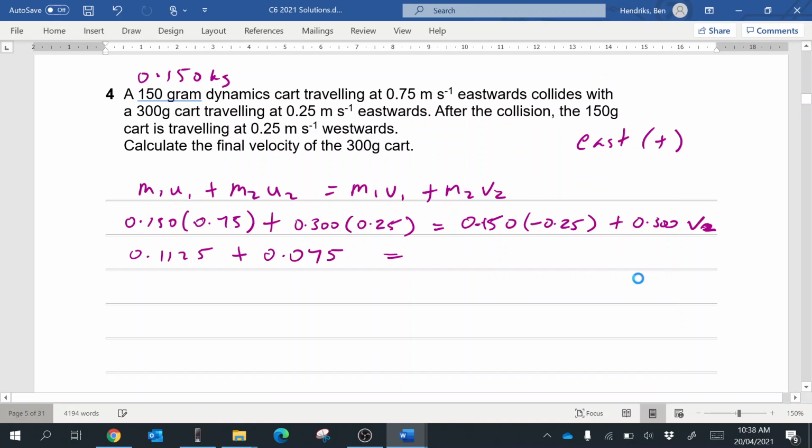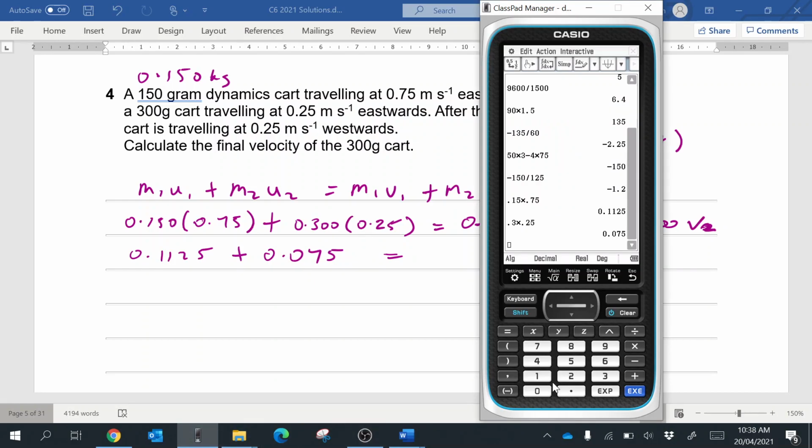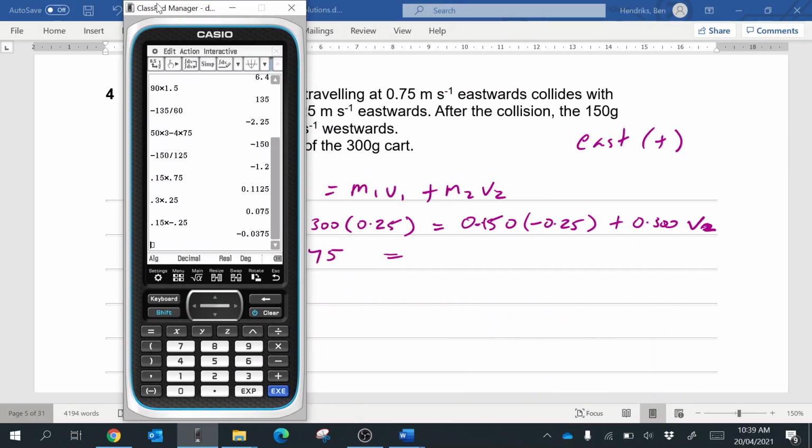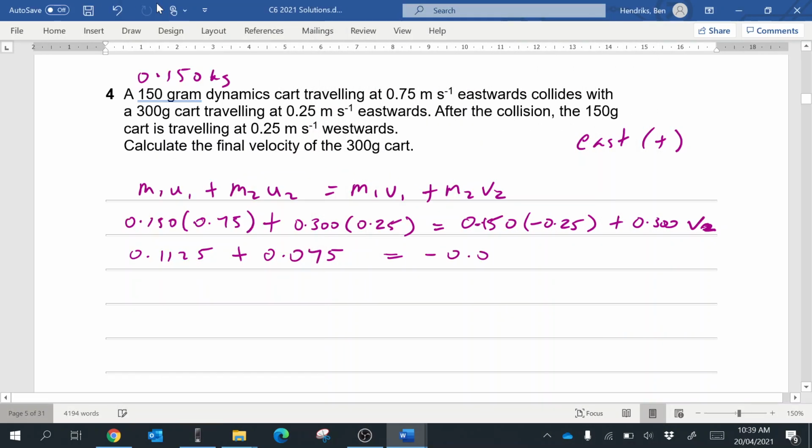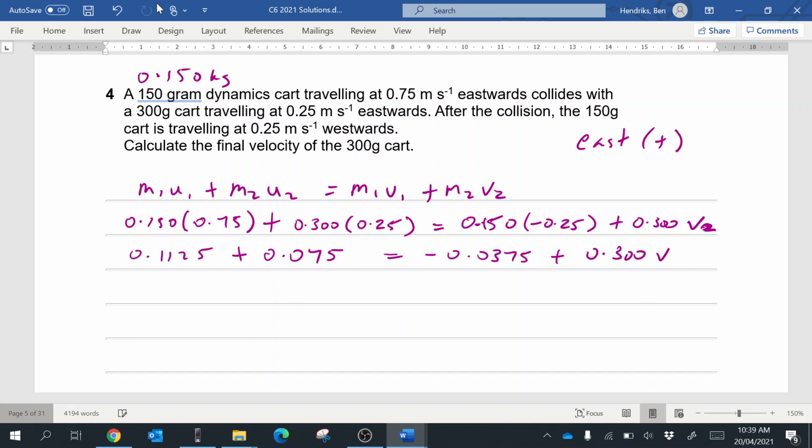Equals 0.15 times negative 0.25 is equal to negative 0.0375, and plus 0.300 V2.